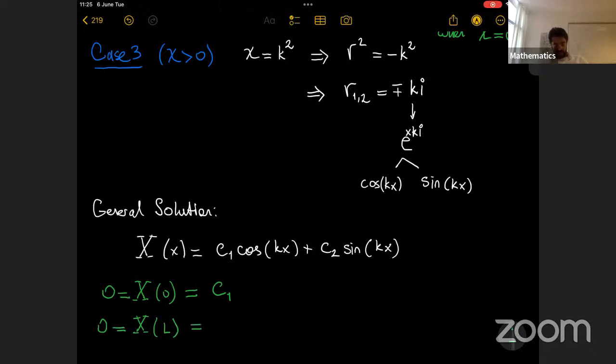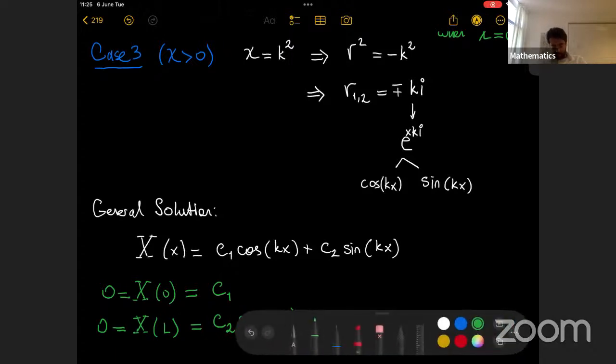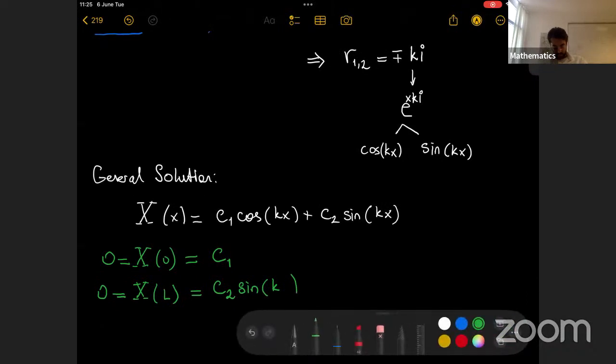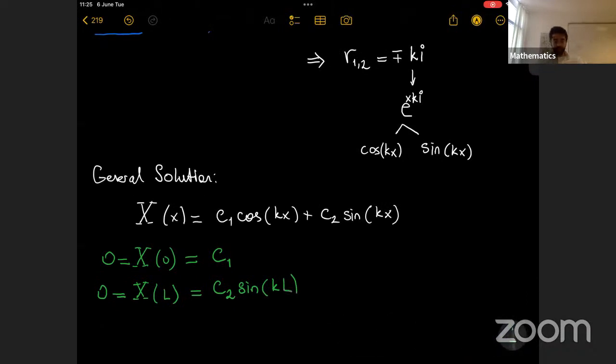Now c1 is 0, so it's going to be c2 times sine kl. We put x is equal to l, okay? Now we have many solutions from this.